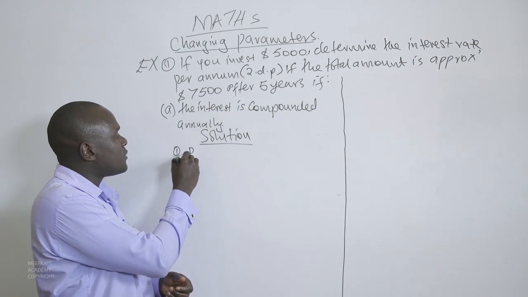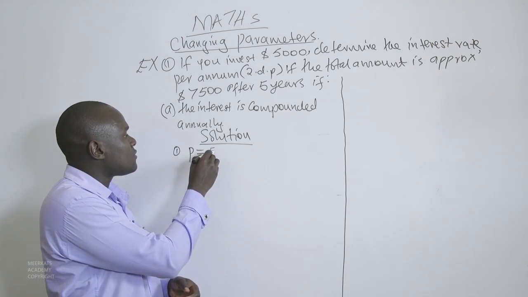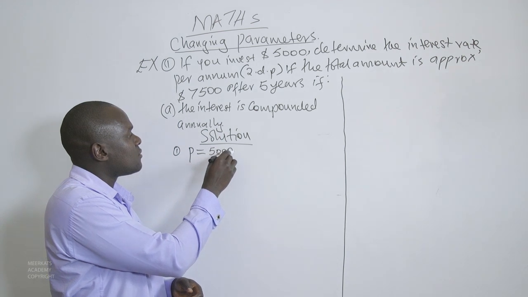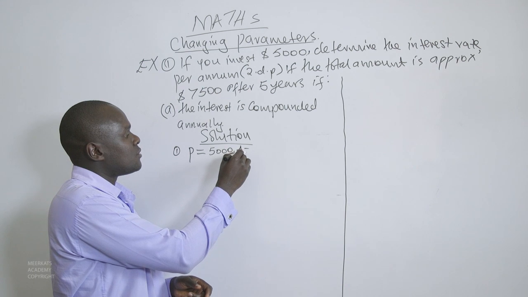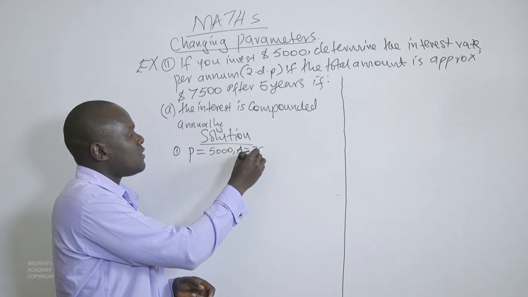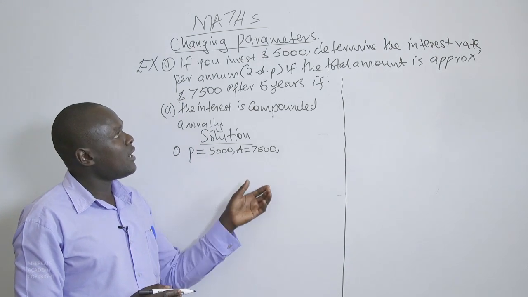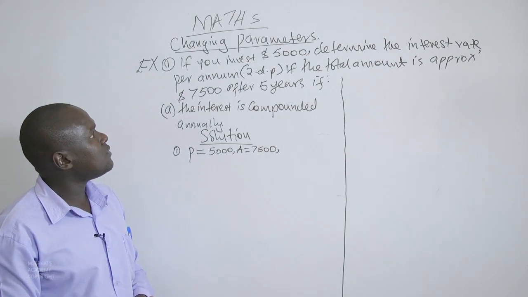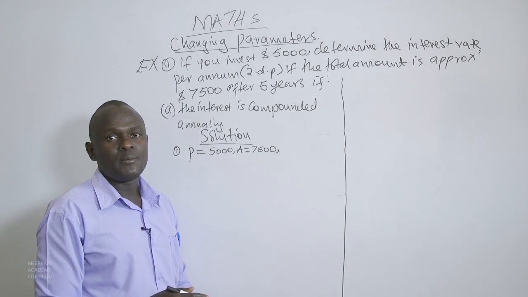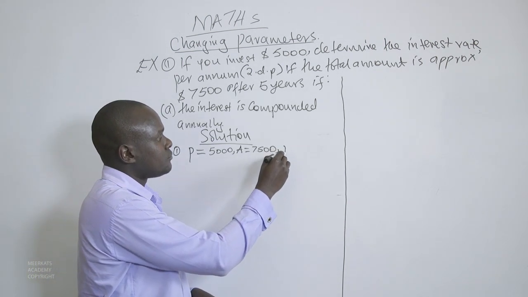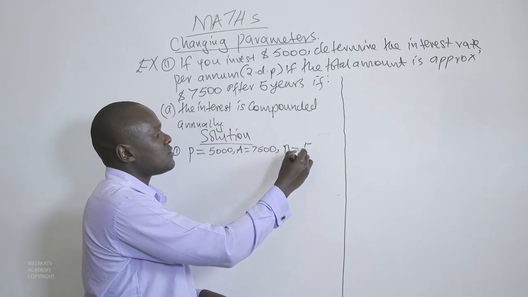The first one is the principal amount that is going to be invested, which is 5,000. The second one is the amount, which is 7,500. We have also been provided with the period, and this period is 5 years.